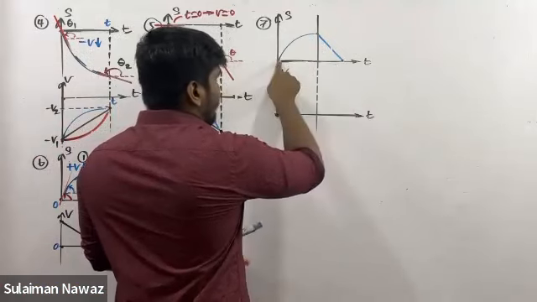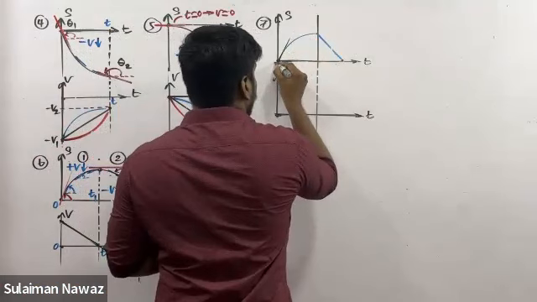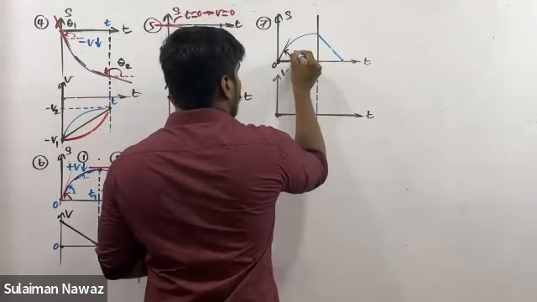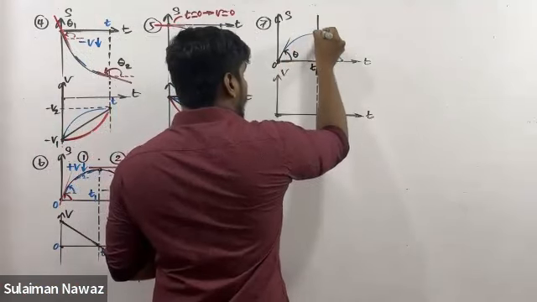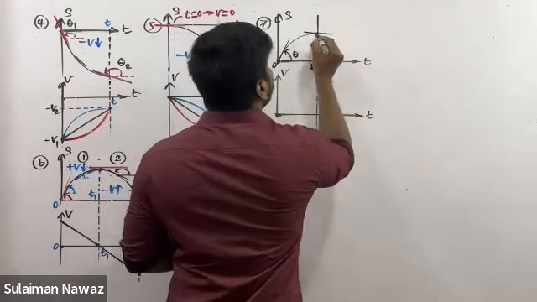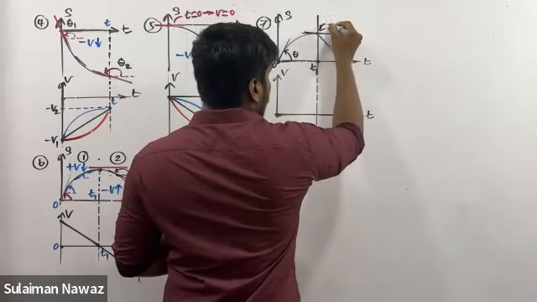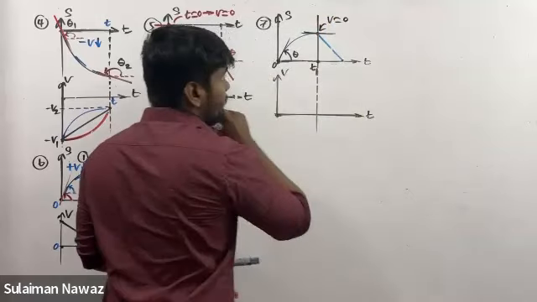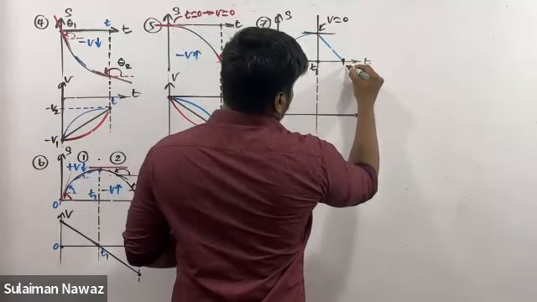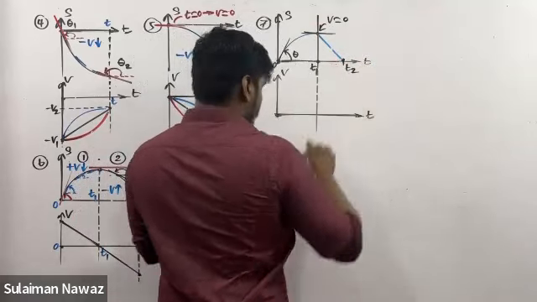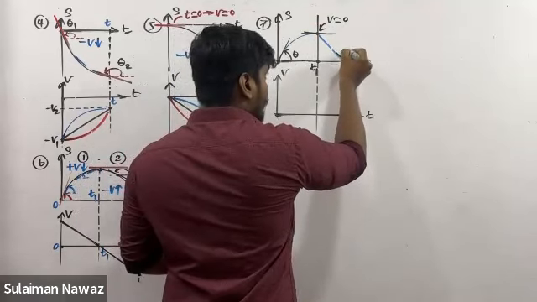Now here, what's happening? When t equals 0, there's an acute angle. When the time is t1, if I draw a tangent line, velocity is 0. When the time is t2, if I draw a tangent line, it is an obtuse angle.